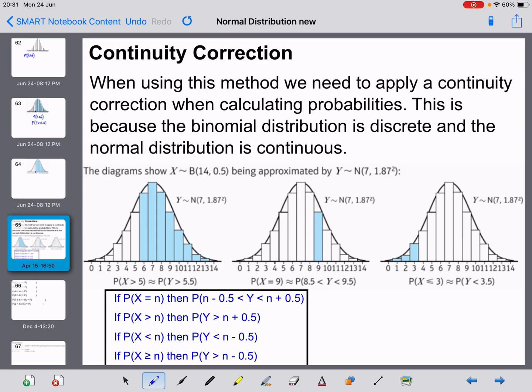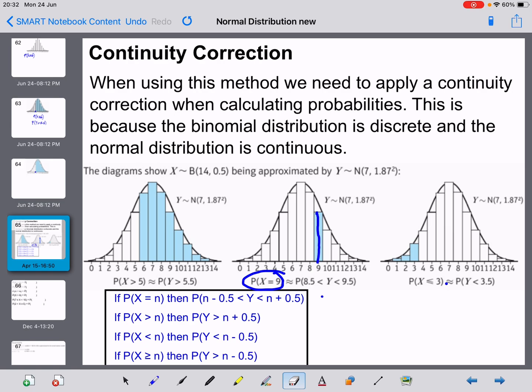So let's look at this one here, x equals 9. If you want to work out the probability that x equals 9 on your binomial calculator, you would use binomial PD, and you would essentially be working out, if I just draw a stick there, that stick at 9, and that would be your discrete value.